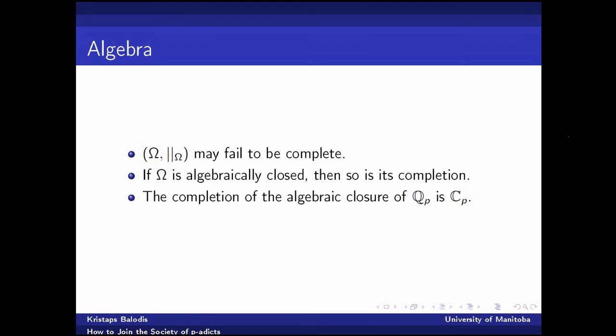So after we take the algebraic closure of Q_p, we then have to go back and complete it again with respect to its Cauchy sequences. And in that case, we get a field which is called C_p, or the complex p-adic numbers. And so these are to the p-adic numbers what the complex numbers are to the real numbers.